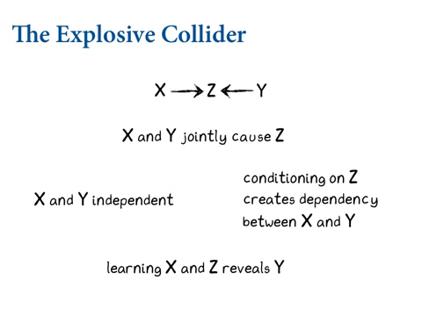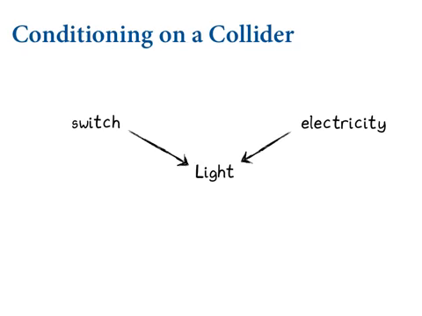So another way to think about this, as I put at the bottom, learning X and Z reveals Y. This is the thing about colliders, there's this finding out effect of learning one side once you know the collider. Let me give you some heuristic examples to maybe help. Imagine we've got a light, and it's controlled only by a light switch and the presence of electricity.